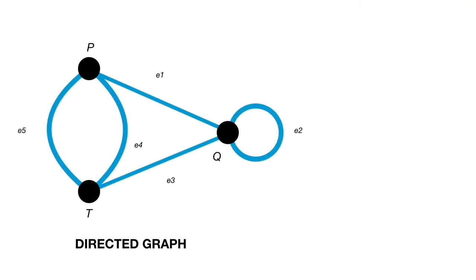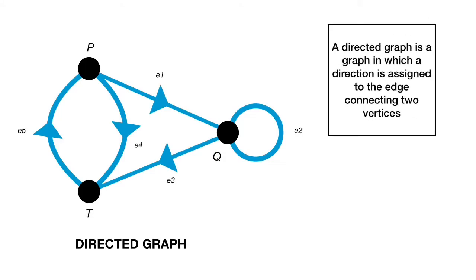Next, let's learn about a directed graph. As you can see here, we have a graph of multiple edges and loops. But if we add some arrows to it, it becomes a directed graph. A directed graph is a graph in which a direction is assigned to the edge connecting two vertices.